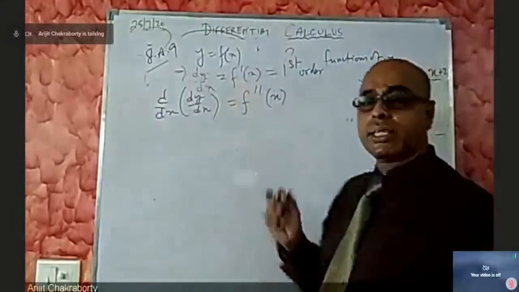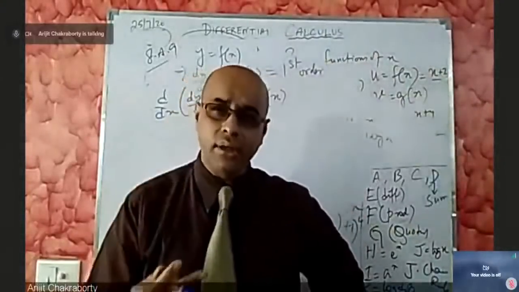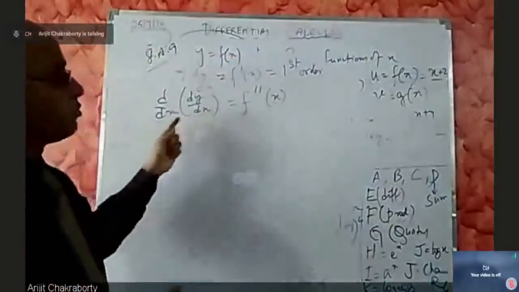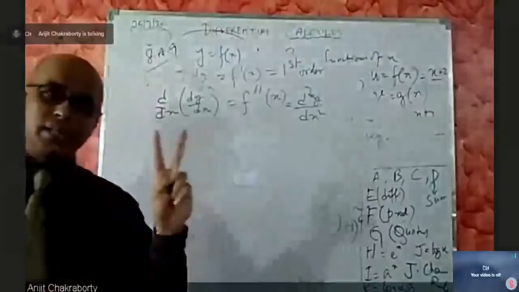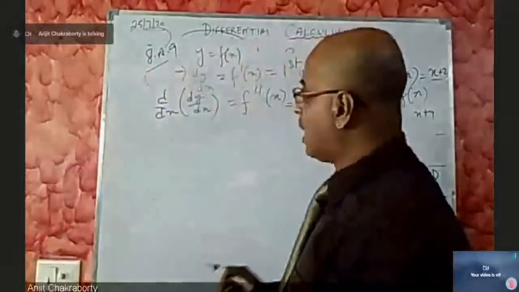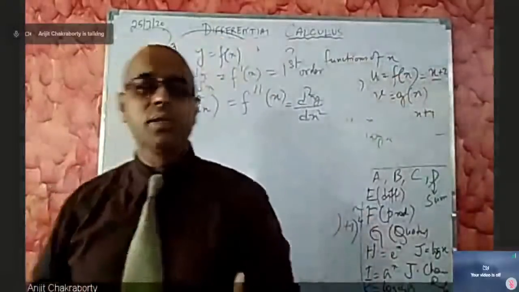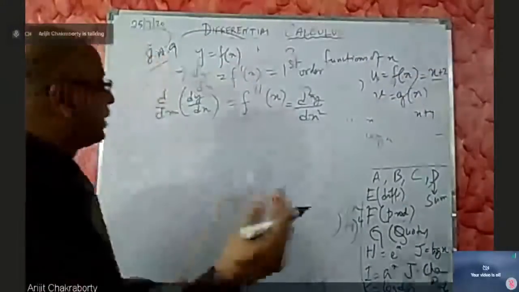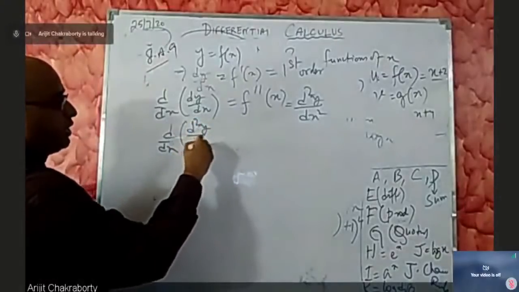First order or first degree is denoted by f dot x. But the second order derivative is denoted by f double dot, and this is shown by d square y by dx square. The order is 2. Similarly, if somebody asks you to differentiate once again, to find the differential coefficient of the derivative d square y by dx square, then it will become d/dx of d square y by dx square.